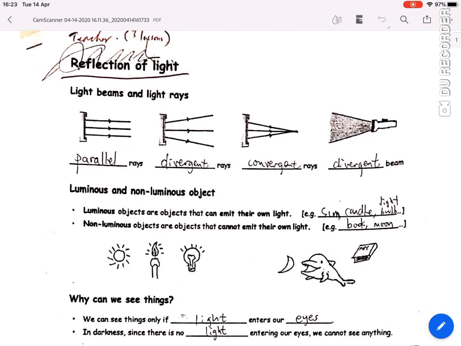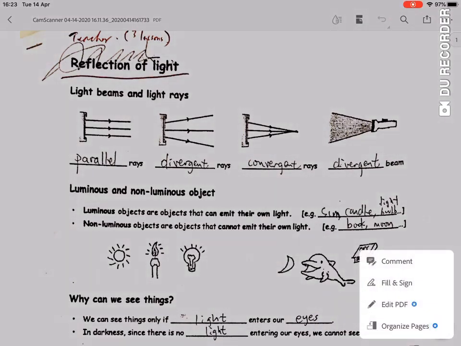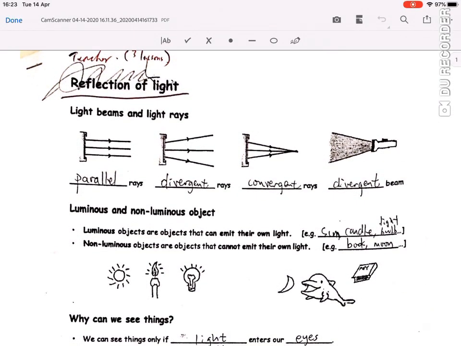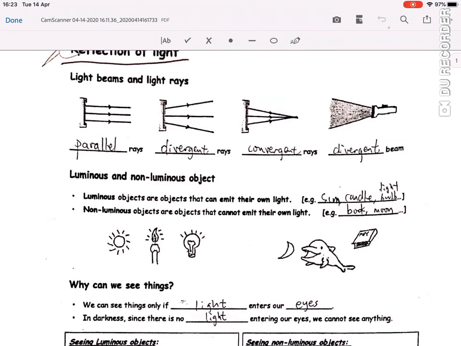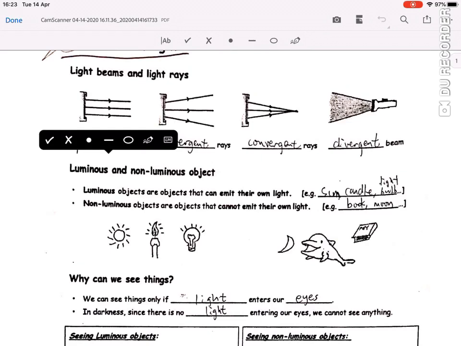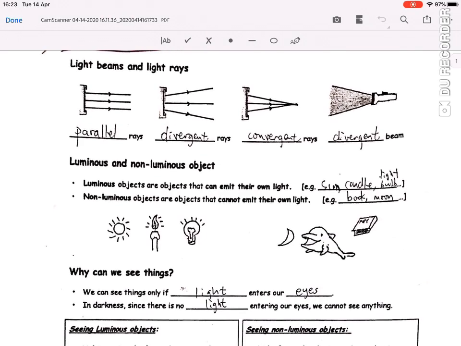In the first part, you see a lot of light coming out. You can see the lines are all going from left to right in parallel. So the first drawing is the parallel rays, and the second one is divergent rays.